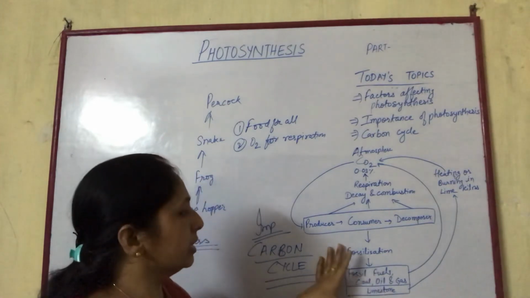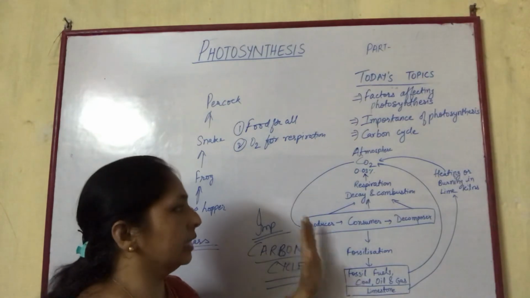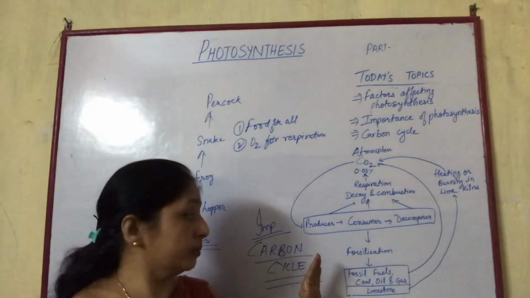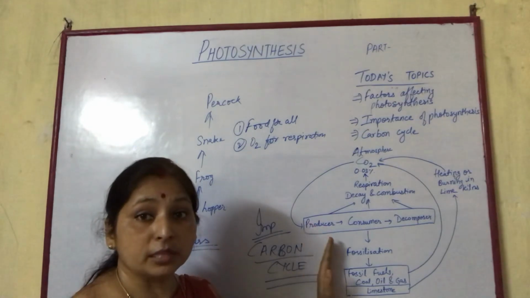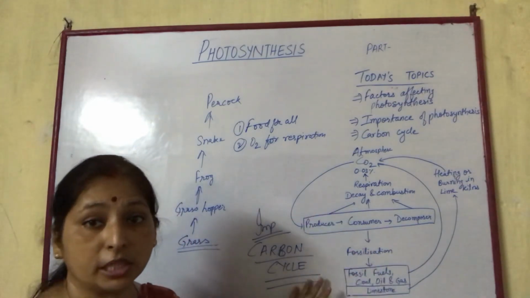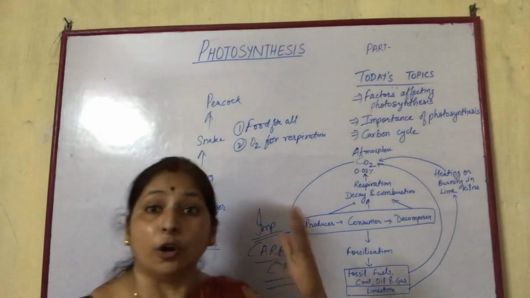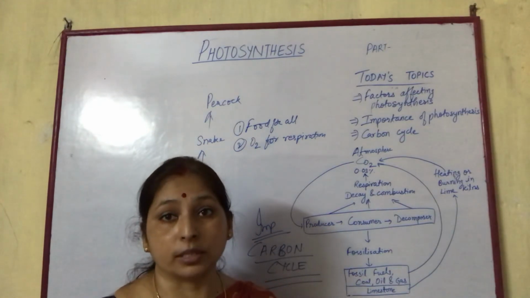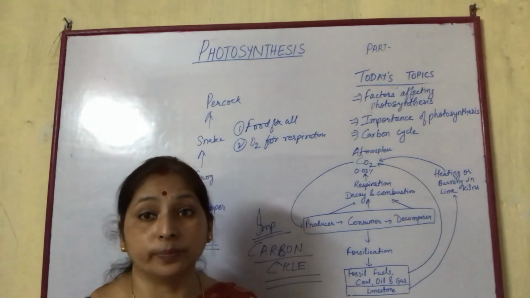If explanation is asked, still you have to draw the diagram to write your answer. First make the diagrammatic representation of the carbon cycle, and then you can explain the process. So this is all about the factors.